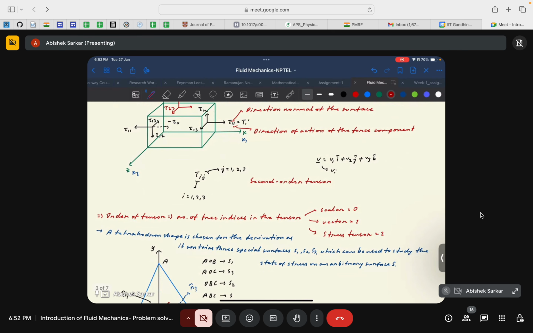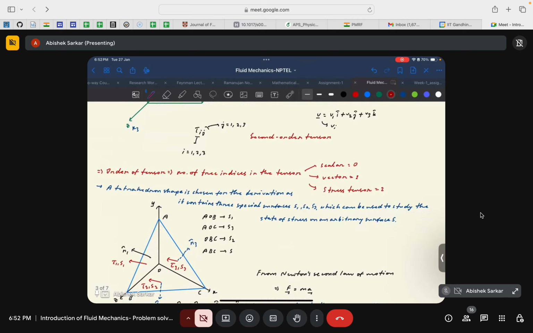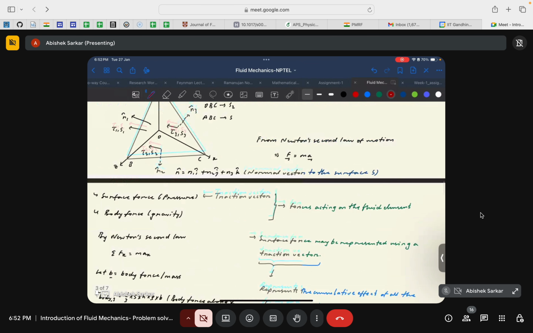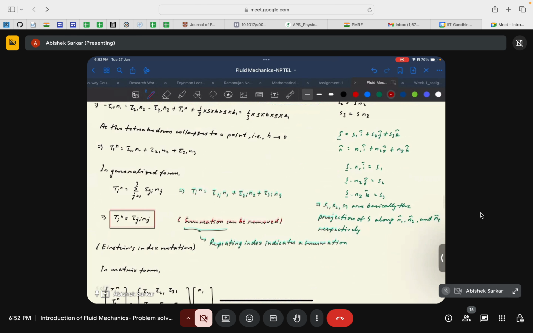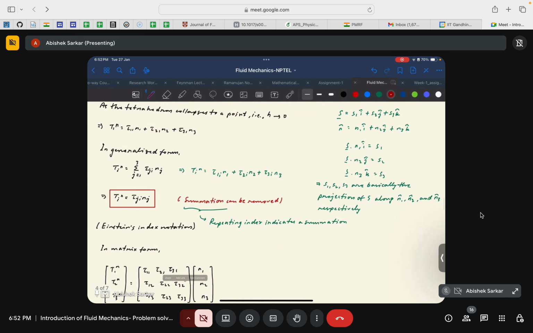I might not be able to do it right now, but once you do it, the definition we eventually get for the stress components, like the traction vector, is tau ji nj. You have to do a similar analysis to find the traction vector for the cylindrical coordinate system.